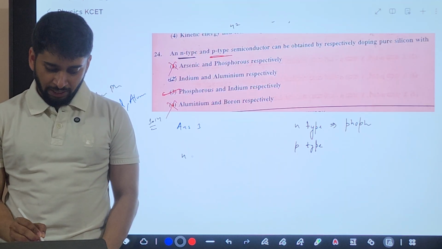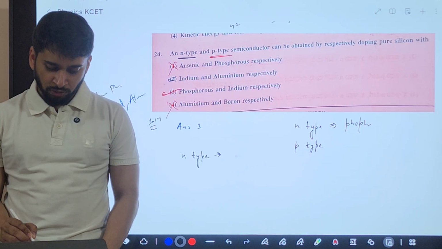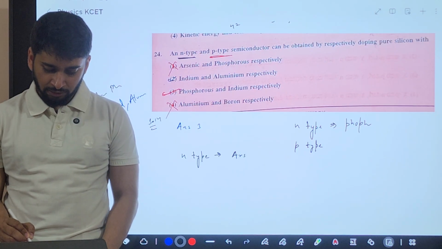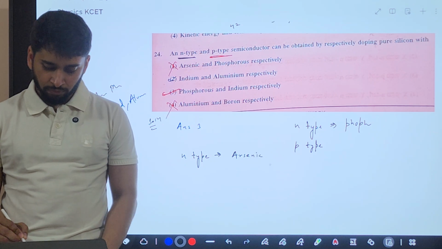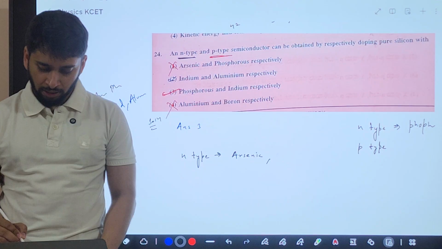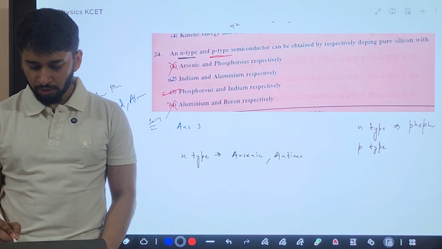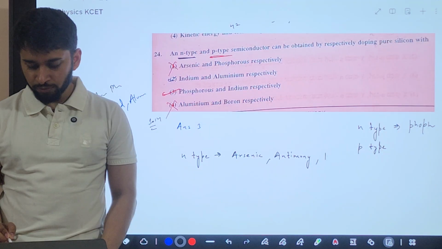Fine. So for N type, I'll write it here. For N type we use arsenic, antimony and phosphorus.